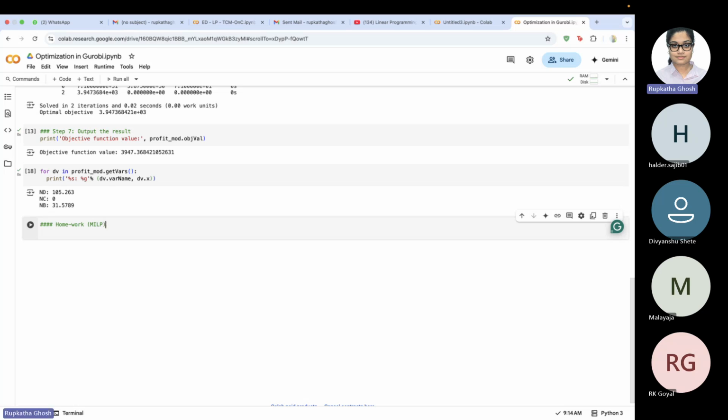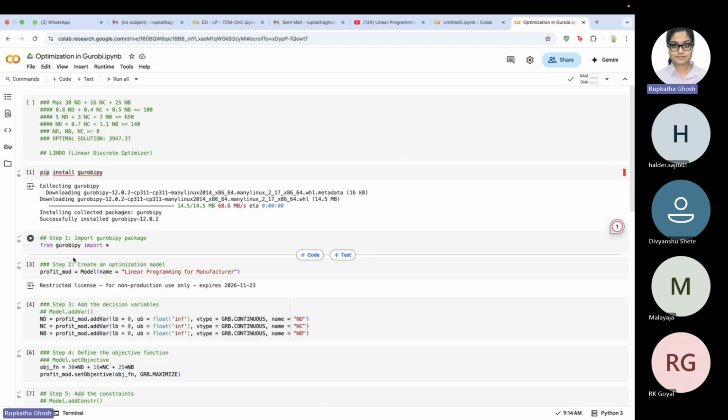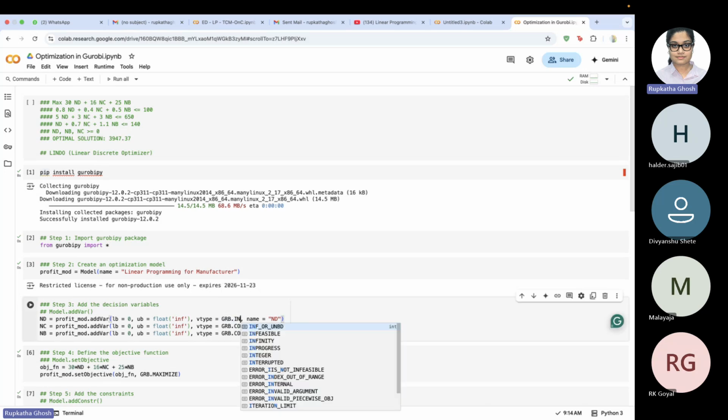In a mixed integer linear program, some of your values might be simply integer and some of your values might be continuous. Let me check the syntax for this.